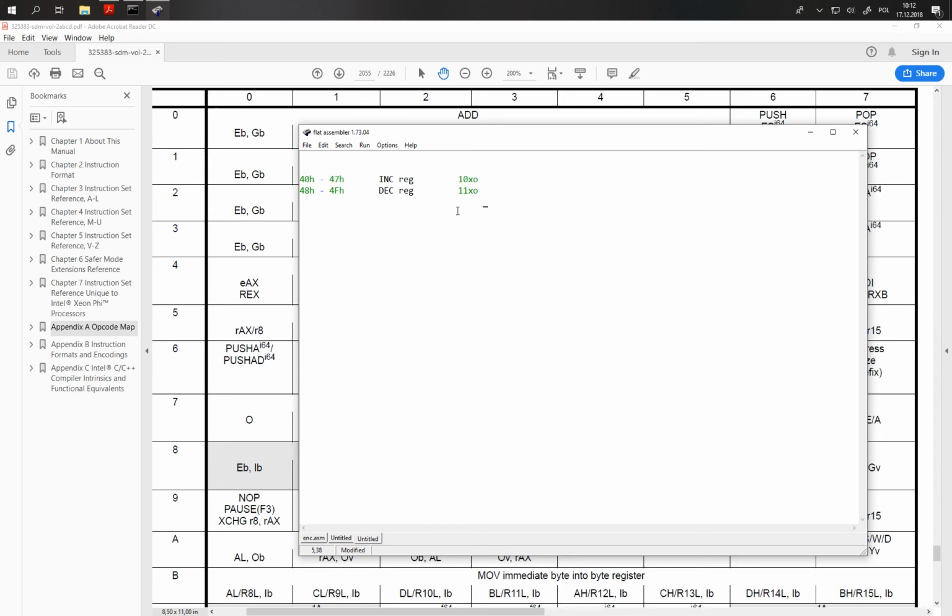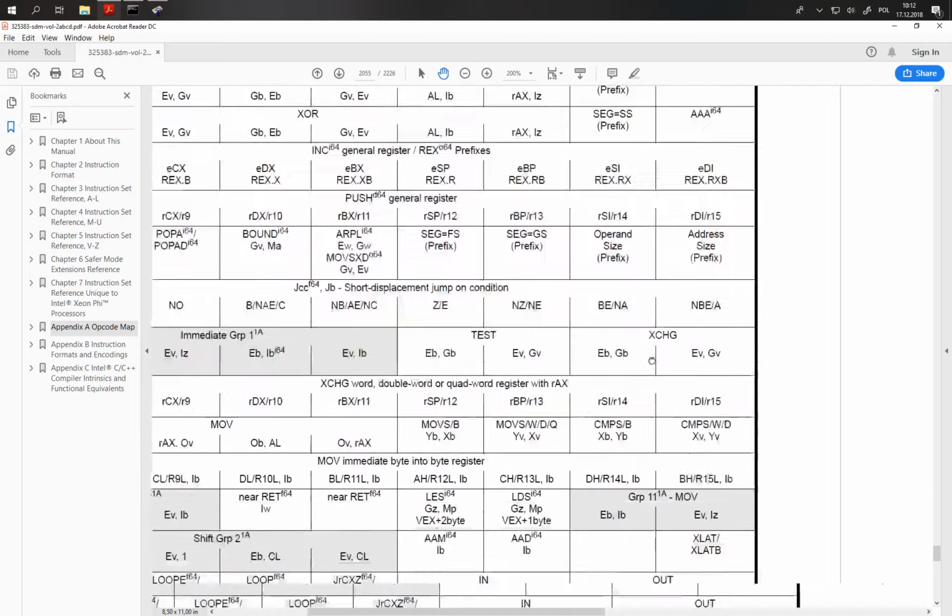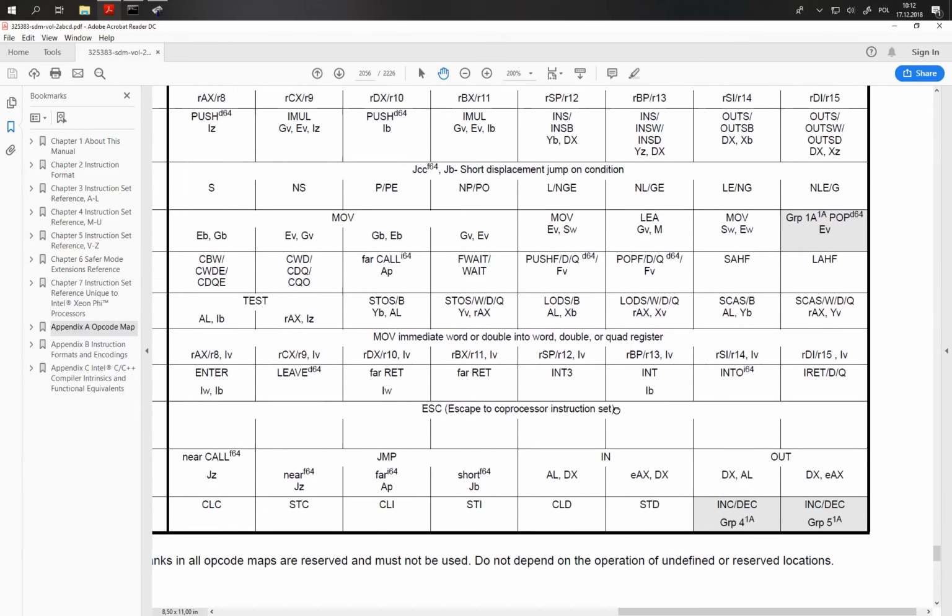So in long mode of 64-bit CPUs, these codes have been reused for REX prefix. So it is no longer possible to encode such instruction this way. But there is still another way.